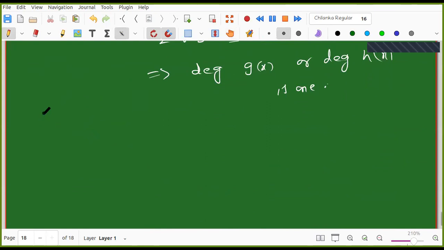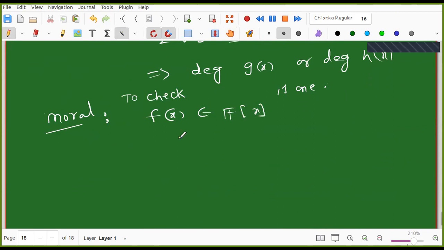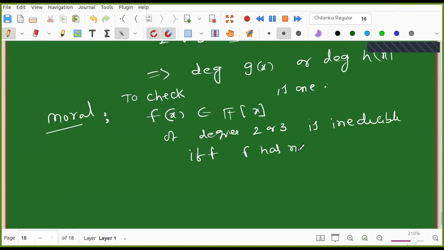So the moral is that, to check whether f(x) in F[x] of degree less than or equal to 3 is irreducible, degree 2 or 3 better, degree 1 is anyhow irreducible, it is irreducible if and only if f has no root.